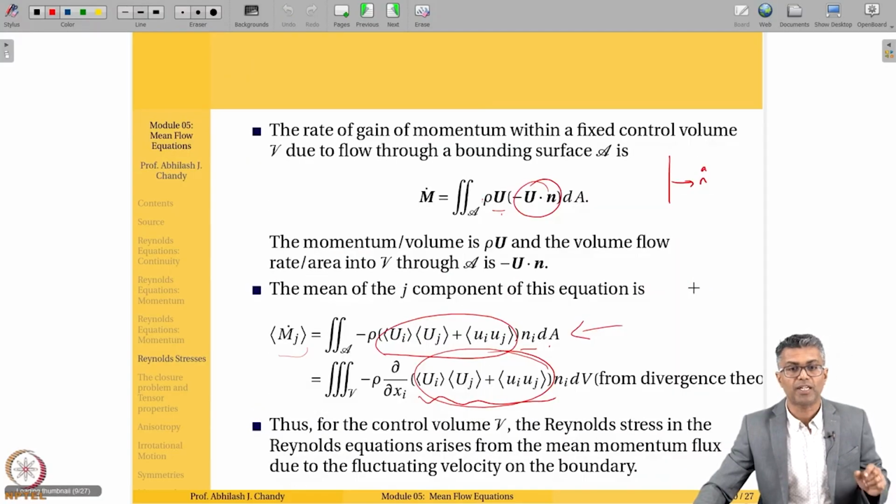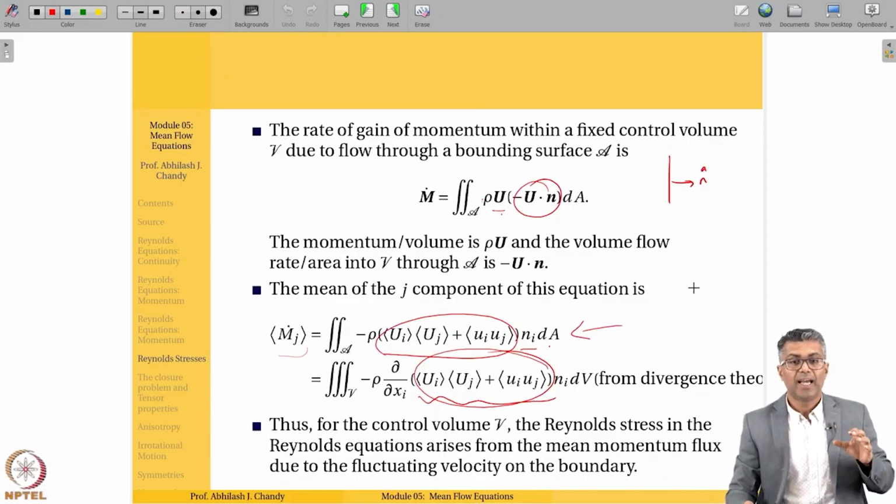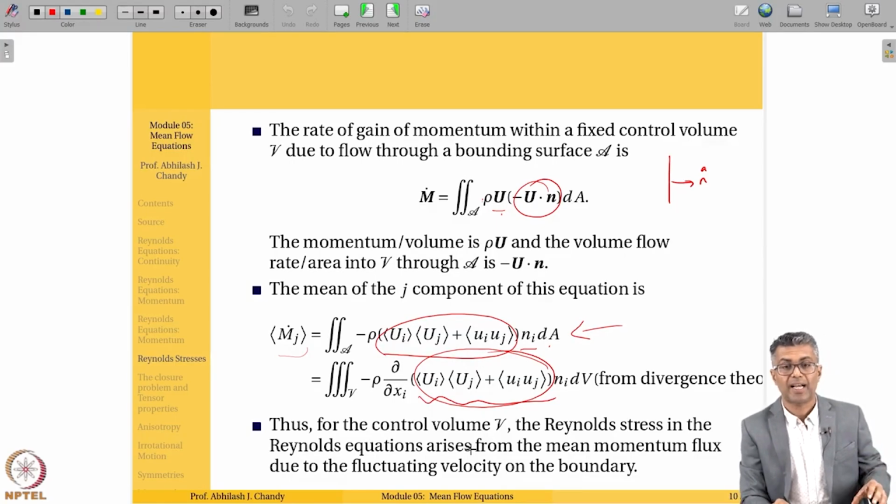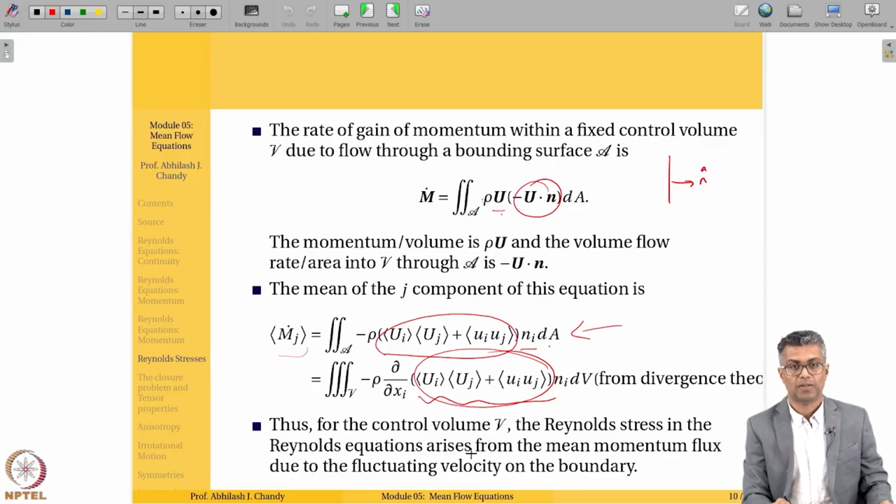So what we are trying to say here is the rate of gain of momentum is due to these mean terms and also due to the Reynolds stress term. So that's what we mean by this sentence. For the control volume V, the Reynolds stress in the Reynolds equation arises from the mean momentum flux due to the fluctuating velocity.